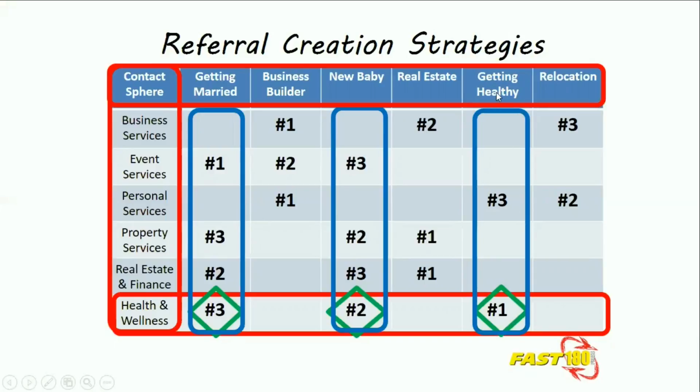So it's no great revelation that health and wellness businesses are attracted to the getting healthy key situation. But if a health and wellness business, say a massage therapist, a chiropractor, a nutritionist, whatever, wants to generate more business from a networking group, showing other business categories how they can be relevant. Like, for example, health and wellness people can be relevant to the growing family key situation.